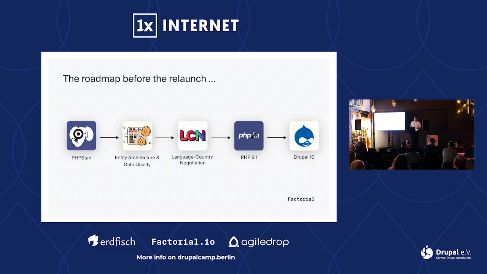Maybe to connect it to an example, and this is also why language country negotiation is here. Let's say the user has a cookie, and your origin server response varies by this cookie. Now, this can work, but usually if you orchestrate this with a CDN, it gets very hard. Now, why I'm pointing this out here, in the end, it's just one module, right?